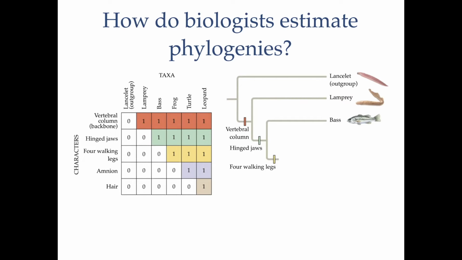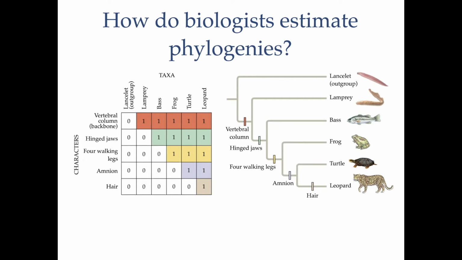Next, we had the four walking legs, and our bass does not have four walking legs. So it diverged, and then everyone else continued evolving, having four walking legs. So on and so forth. Then we have the amnion. Then finally, we have the hair appearing only in the leopard.